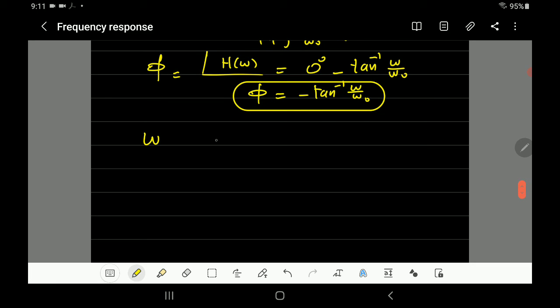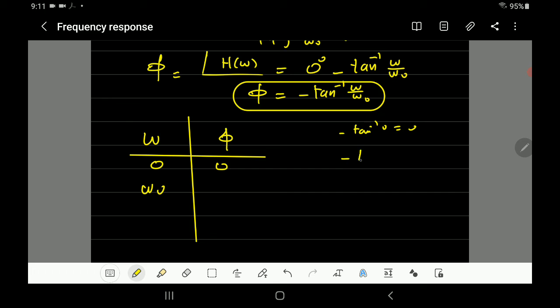We'll make the same table as we did last time. We'll say that's omega and that's phi, and we'll choose some values. When omega equals 0, you want to find minus tan minus 1 of 0, that's equal to 0. When omega is equal to omega naught, you have minus tan minus 1 of 1.